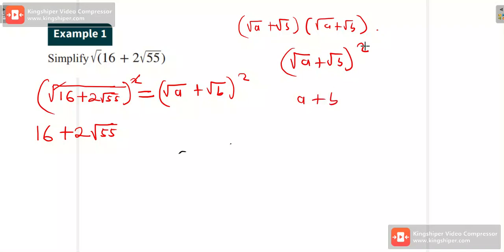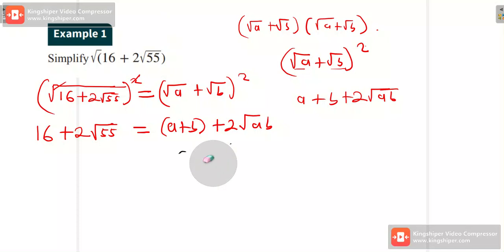Then these two will multiply the root of a and the root of b, and that gives me 2 root of a root of b, which is the same as 2 root of ab. So this becomes the expansion. So I can write equal to a plus b, which is the rational part, then plus 2 root of ab.